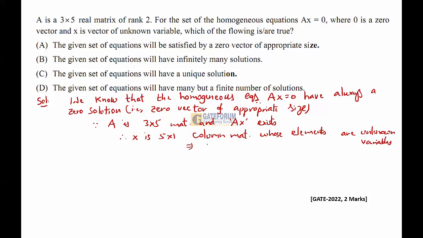That means n is equal to 5 unknowns of this given system of equations. 5 cross 1, only one column, 5 rows. So 5 variables.